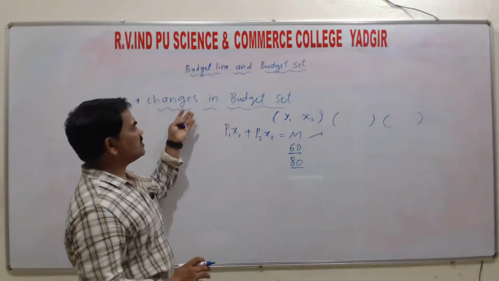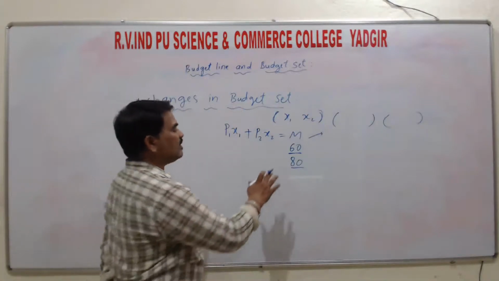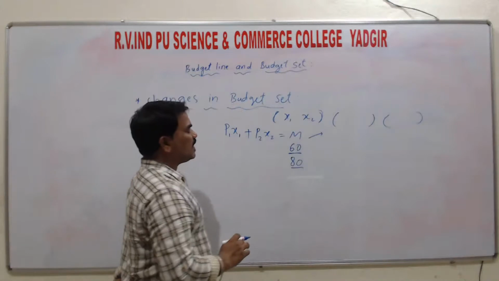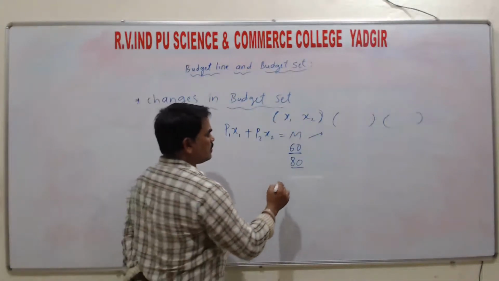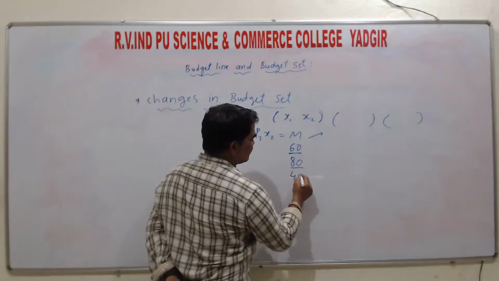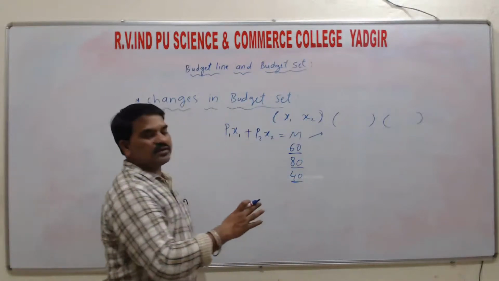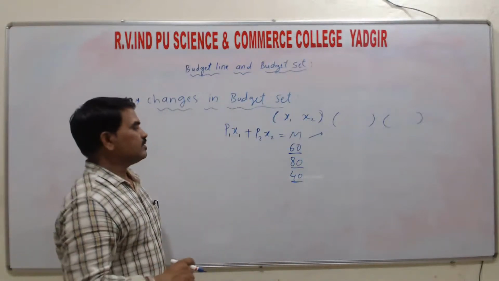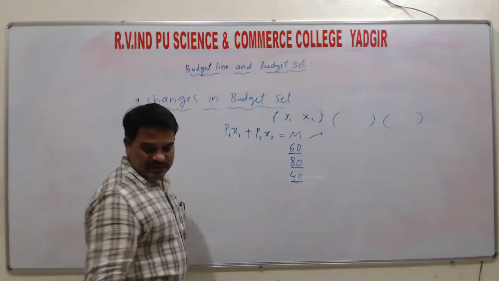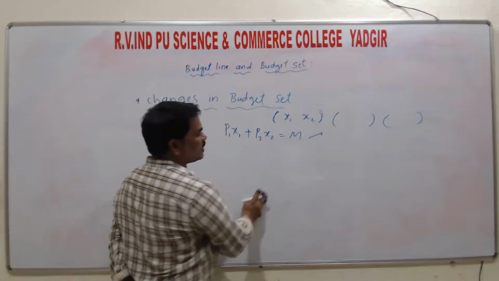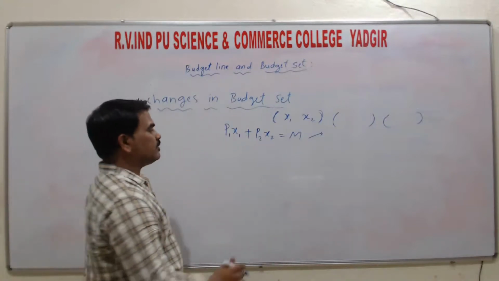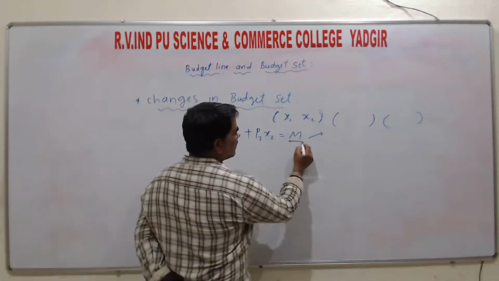So that is the change we can make here by increasing his income, or by decreasing it. If it goes from 60 to 40, if the income decreases, then what set of bundles will you get? That is one change we can make to get different bundles. What bundles will you get by changing the income of the consumer?